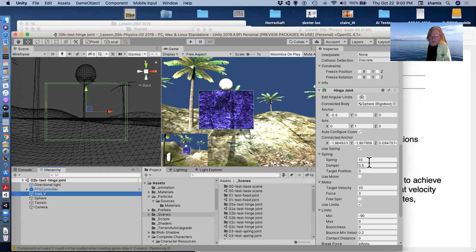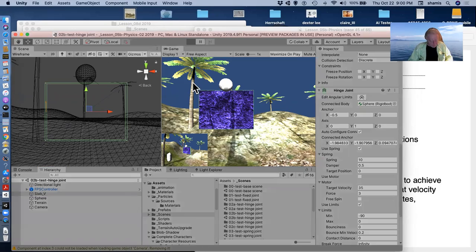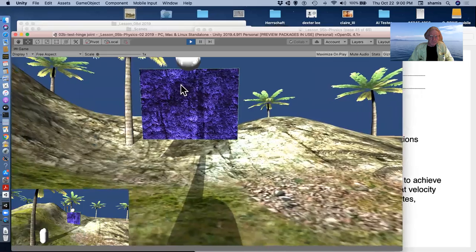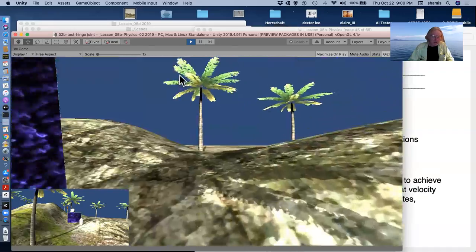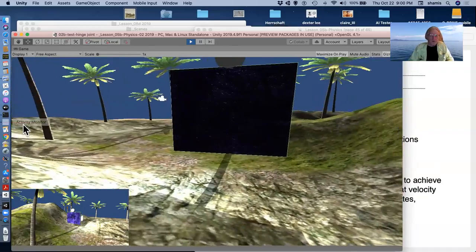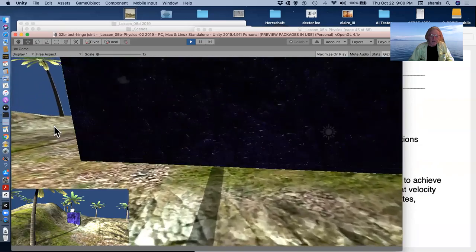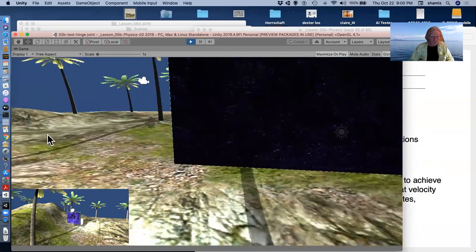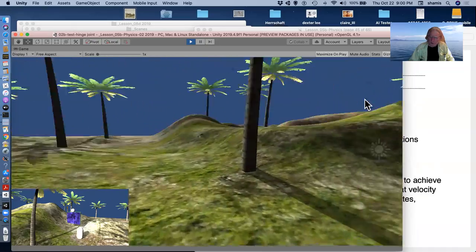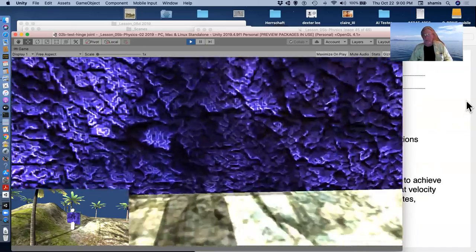And a damper that is going to stop the bouncing around of the spring, and a target position, which is where the spring wants to set it to. So it wants to set it to a position of 0 degrees. So if I run through this one, now my door swings back shut because the spring wants to push it back to shutting it.